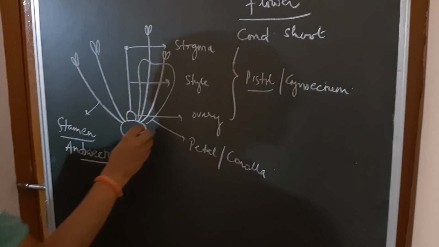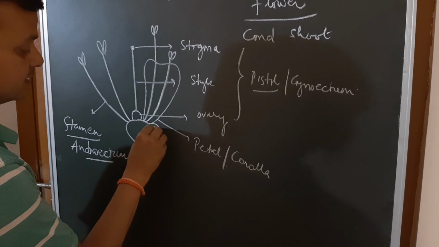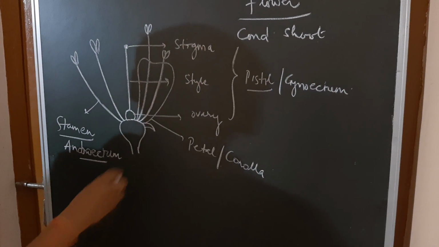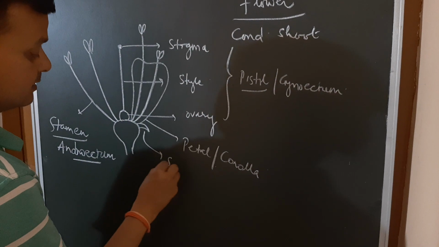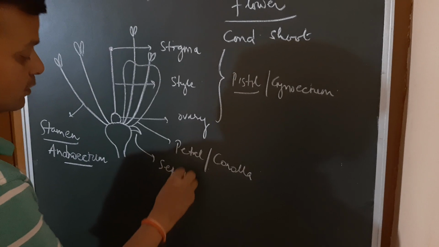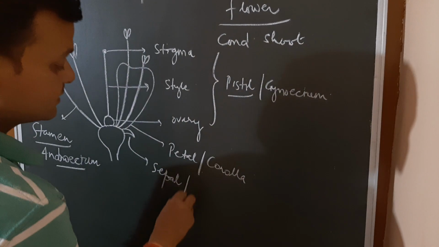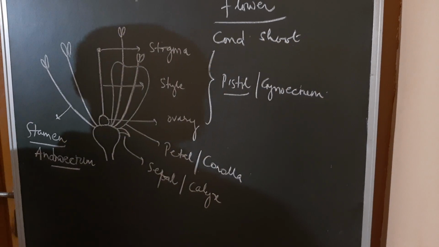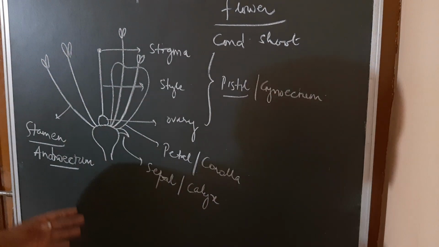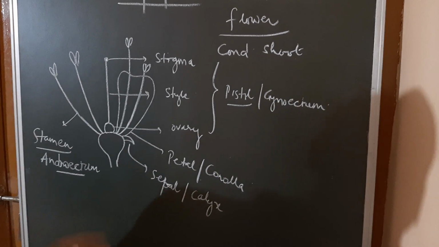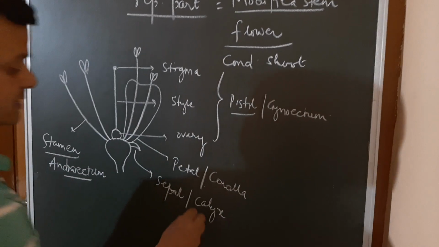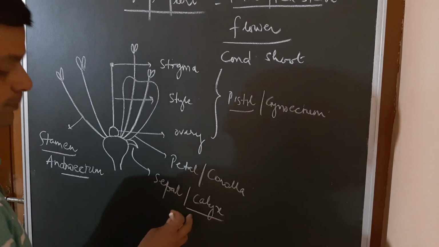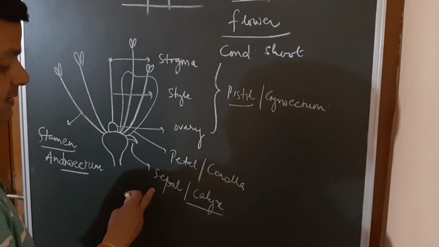Next to it is a green, small leaf-like structure which we call the sepal, which is the outermost whorl of the flower, and a group of sepals is called the calyx. So these are the different parts of a flower, and the flower which we have shown here is a bisexual one.